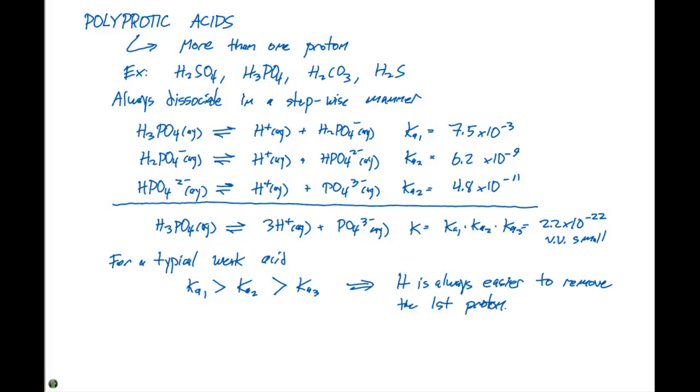Notice what happens here when we go from Ka1 to Ka2 for this particular acid: we see a very large jump. And then when we go from Ka2 to Ka3, there's a smaller jump.